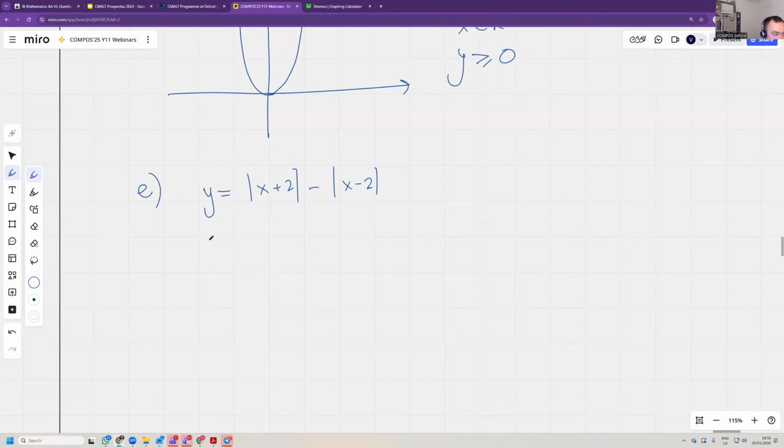Right, so f of negative x is going to be modulus of minus x plus 2 minus modulus of minus x minus 2.